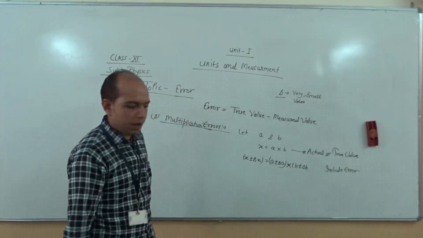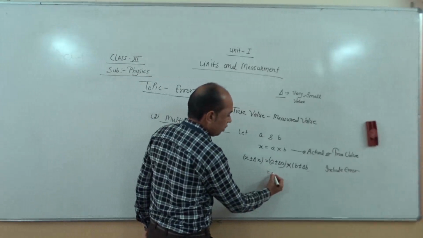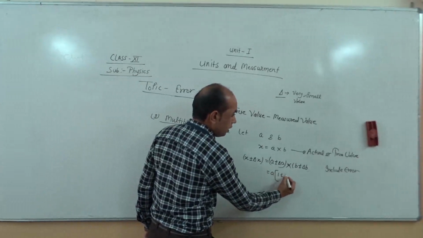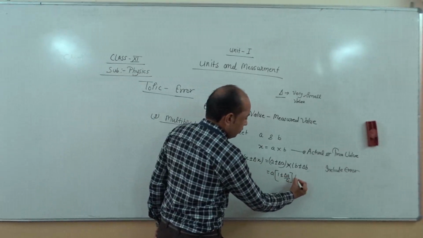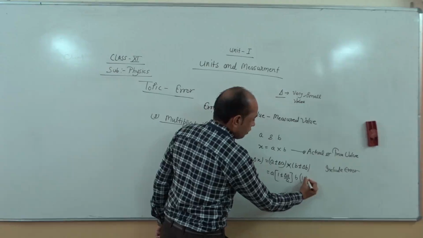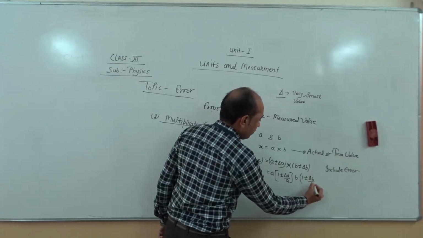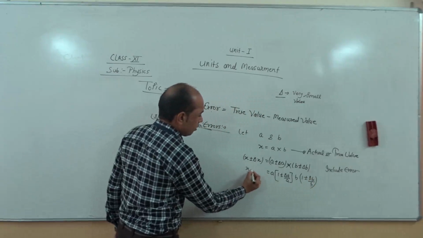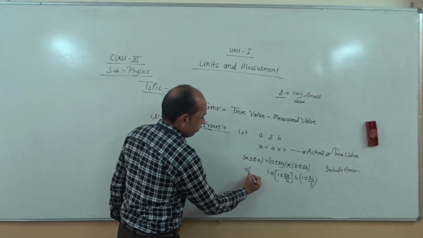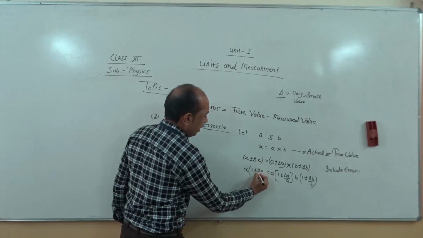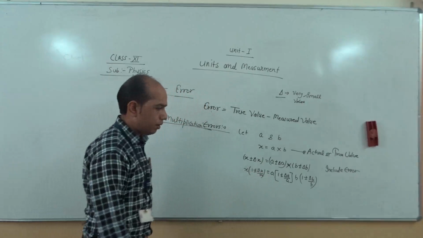Now we take common a and b. So when we take common a, inside 1 plus minus del a upon a, b times 1 plus minus del b upon b, and this equals x times 1 plus minus del x upon x. Now we multiply.